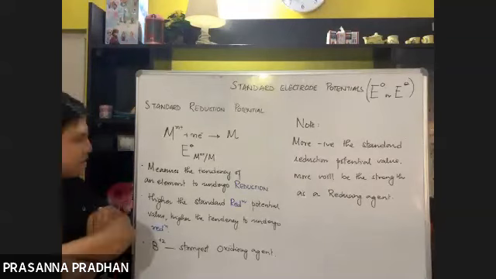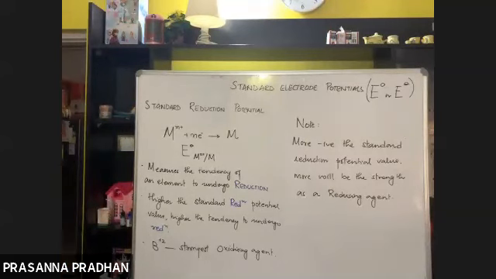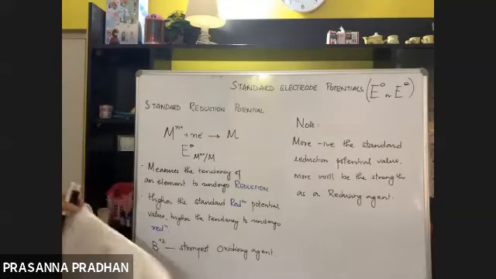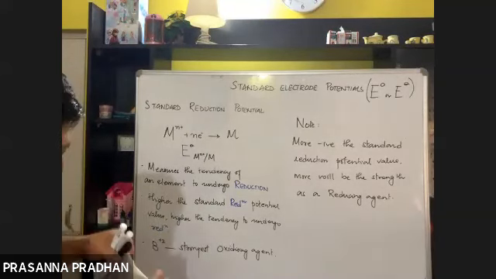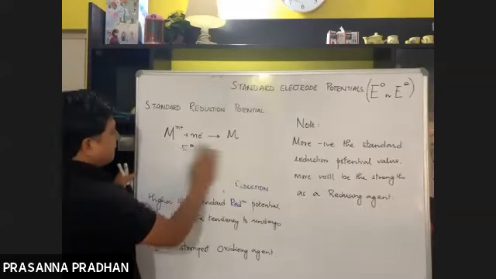Okay, so in this particular example, which has the highest negative value of standard reduction potential? Which one had the most negative value in the previous example?